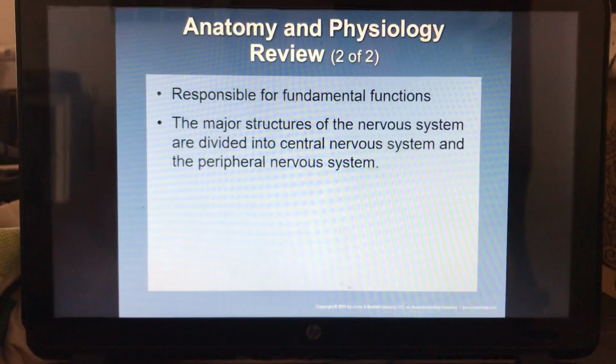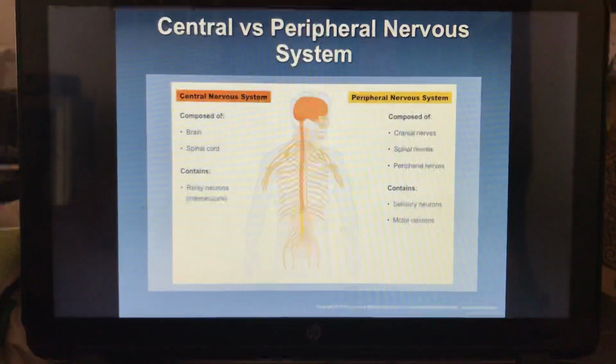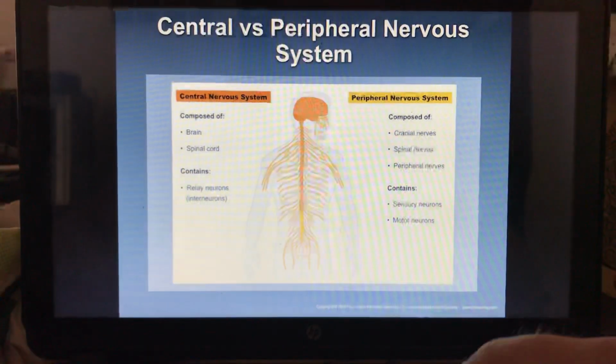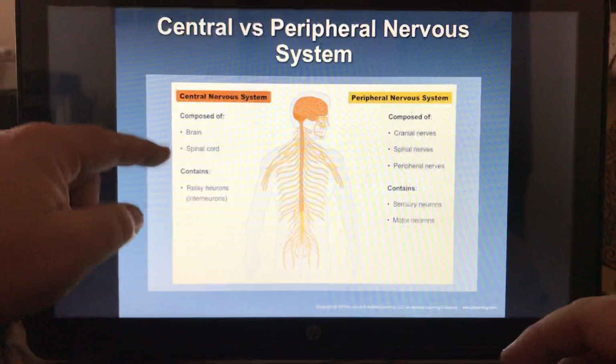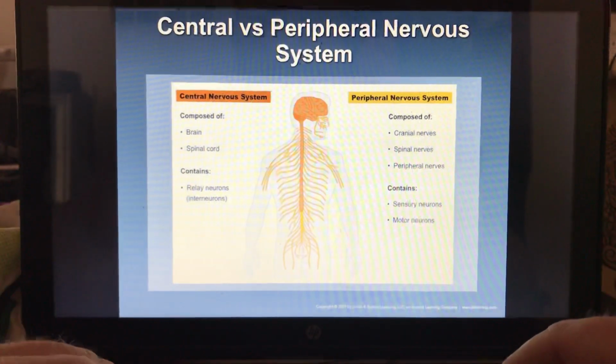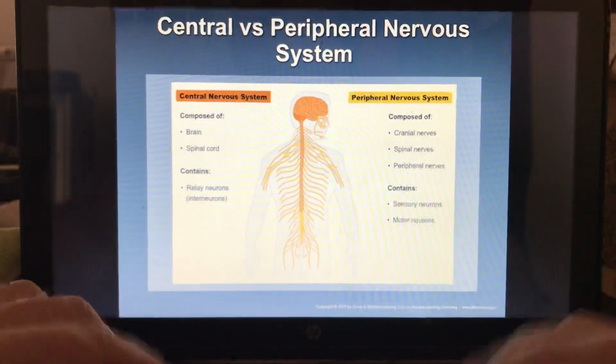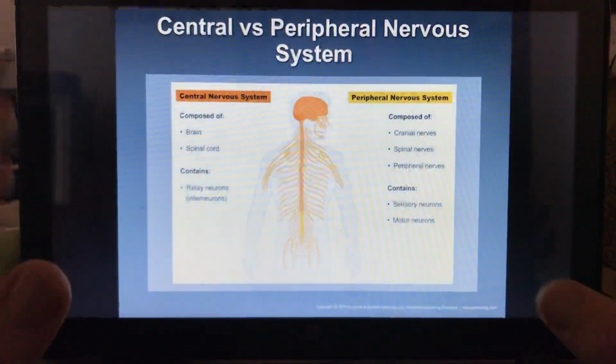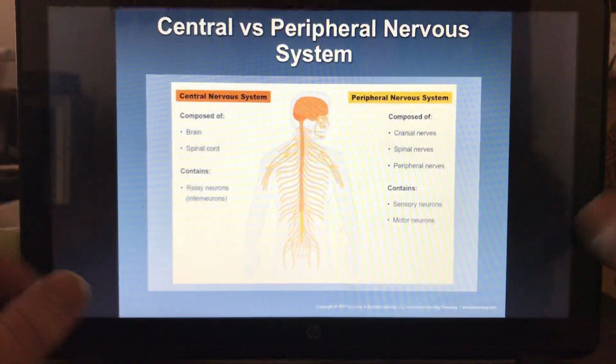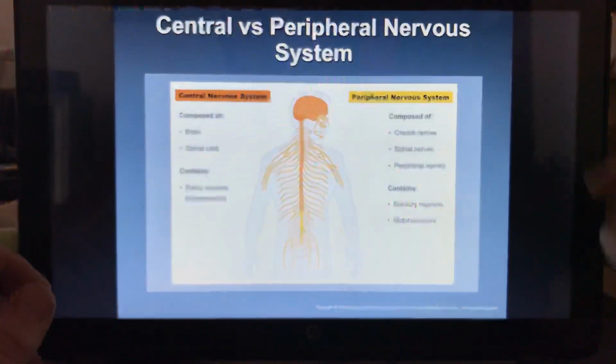We're going to talk about the central and peripheral nervous system. We're going to get into all that. So here we go. Central nervous system. Remember, the central nervous system is comprised of the brain and the spinal cord. It is basically the superhighway for the brain to get all the information down and out. How we get it to our specific targeted areas is the peripheral nervous system.